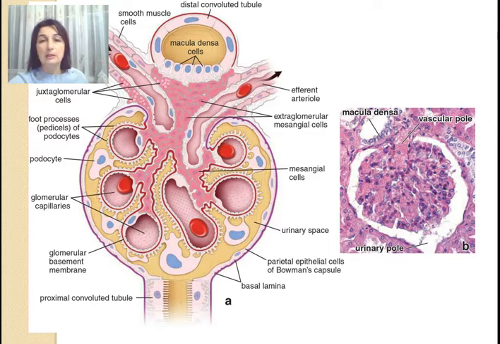It produces nitric oxide, and nitric oxide via diffusion will reach the juxtaglomerular cells, and they will produce renin in response to the decreasing concentration of sodium ions inside of the distal tubule.